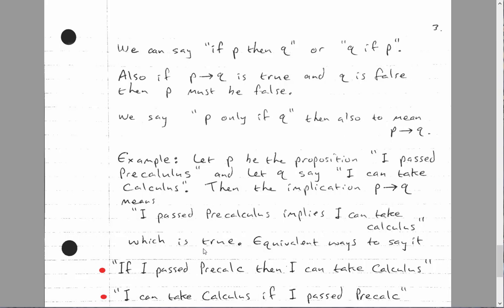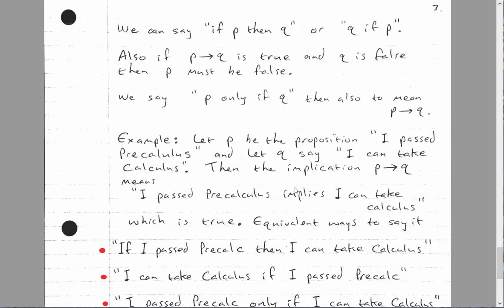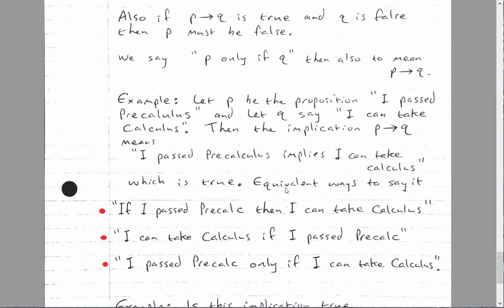So that looks like a true implication. And so just rewriting that using our different ways of expressing that, we can equivalently say if I passed pre-calculus, then I can take calculus.